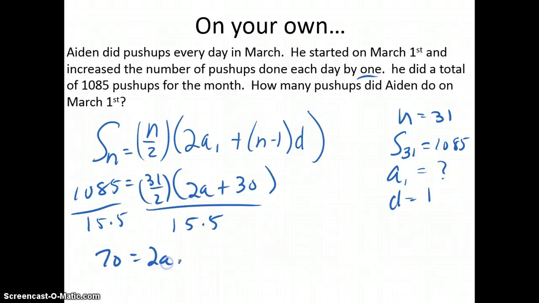Because I did essentially all of these operations on the previous problem, I don't want to spend a lot of time on them now. But basically we're solving it out. And we get that he started with 20 push-ups on the first day. That's a lot of push-ups.